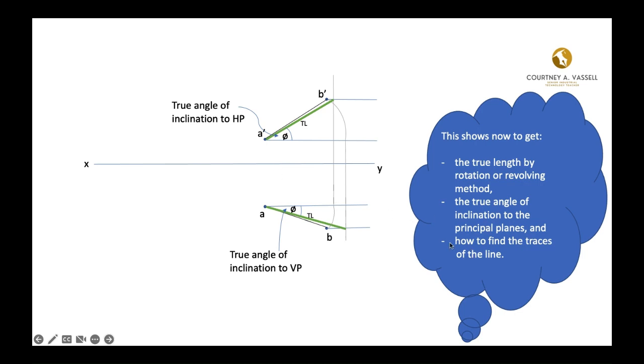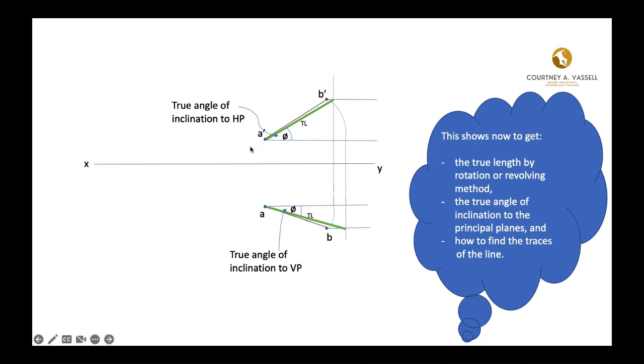What we want to do now is to find the traces of each line. So we want to find the trace of this line, and we want to find the trace of this line, which we did already in subsequent videos, but this is now like a refresher. So what are we supposed to do?